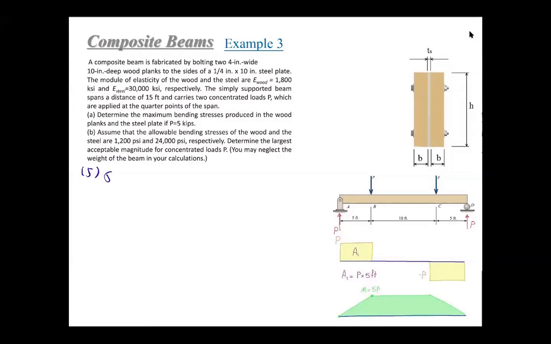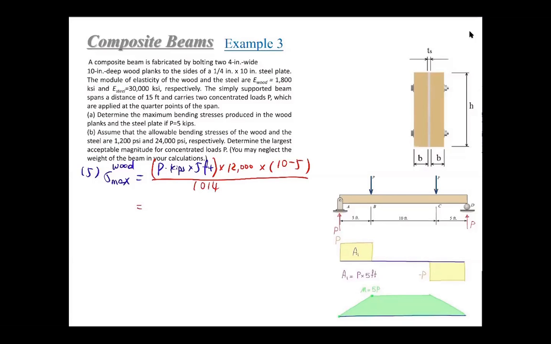The maximum bending stress in the wood will be P kips times 5 feet, this is the bending moment, times 12,000, converted into pound-inch, times the distance, which is half of the height, 10 minus 5, over 1014.